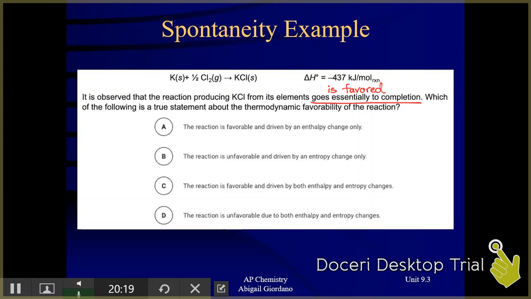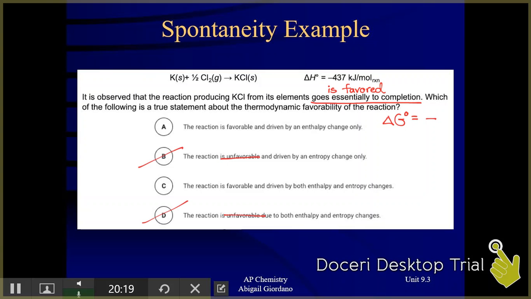And if that is the case, let's think about what is the sign then for delta G. It must be negative. Okay, goes to completion means basically all the reactants react as far as they can and make as much product as they can. It's a favored reaction. So I can get rid of B and D.